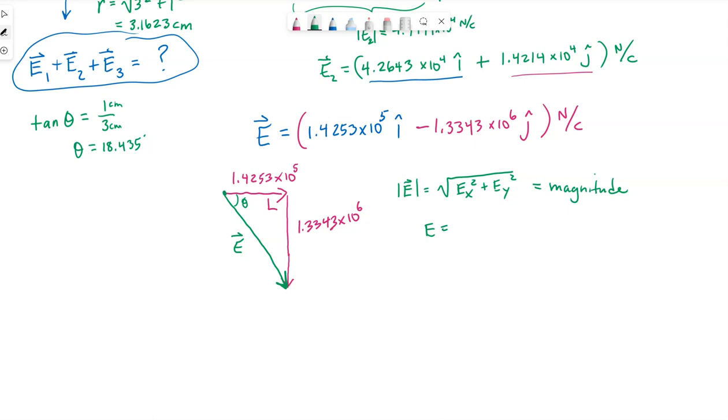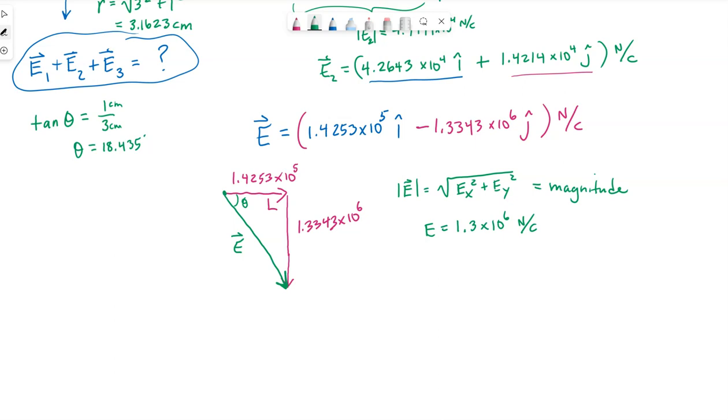So I'm plugging these numbers in. I'm going to round now. I can't remember how many sig figs we had, maybe 2. So 1.3 times 10 to the 6th. Our units are newtons per coulomb. You could put in meganewtons instead of the 10 to the 6th if you'd want. So there's our magnitude.